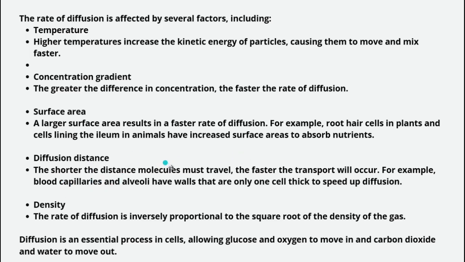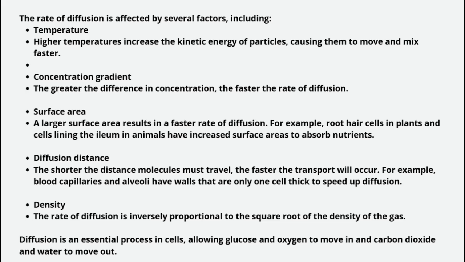And then as we go on to explain diffusion, distance. The shorter the distance molecules must travel, the faster the transport will occur. For example, blood capillaries and alveoli have walls that are only one cell thick to speed up diffusion.